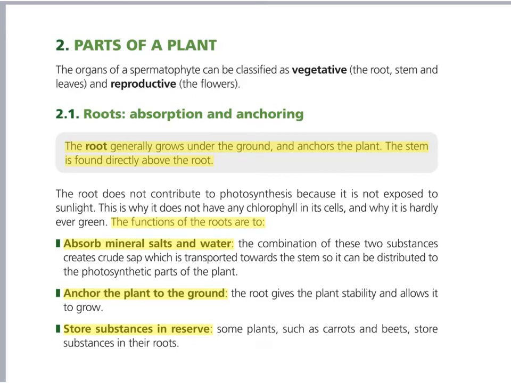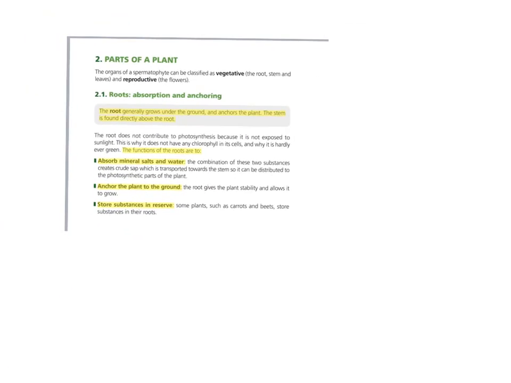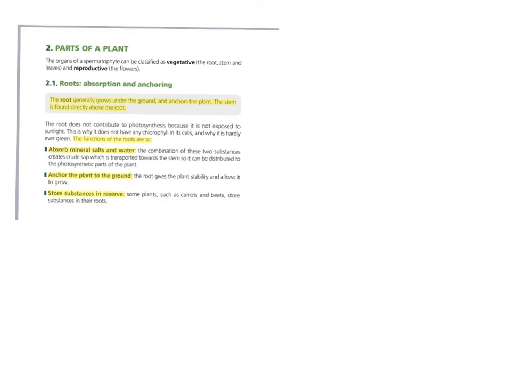Okay, let's start now with the parts of a plant. First of all, I would like to remember that there are different types of plants. Plants can be with no conducting vessels or with conducting vessels.